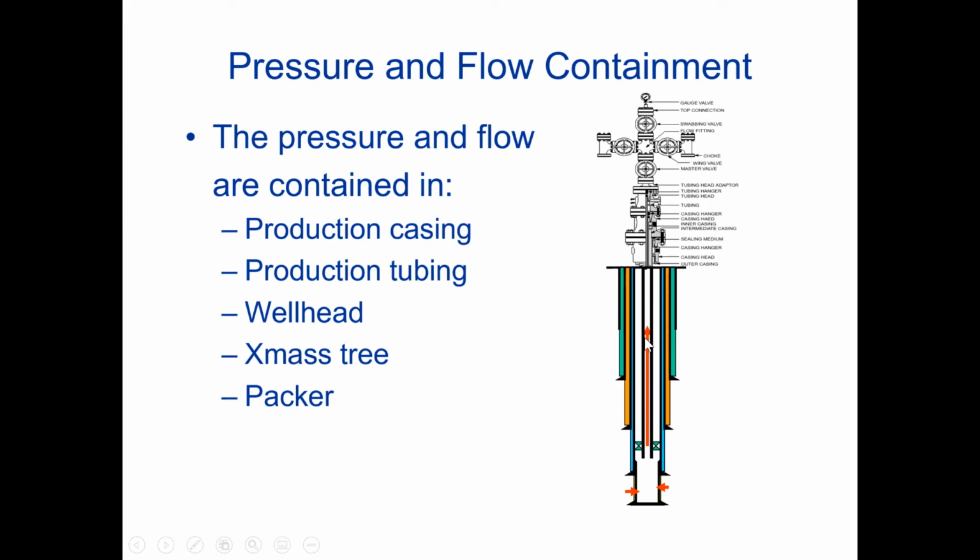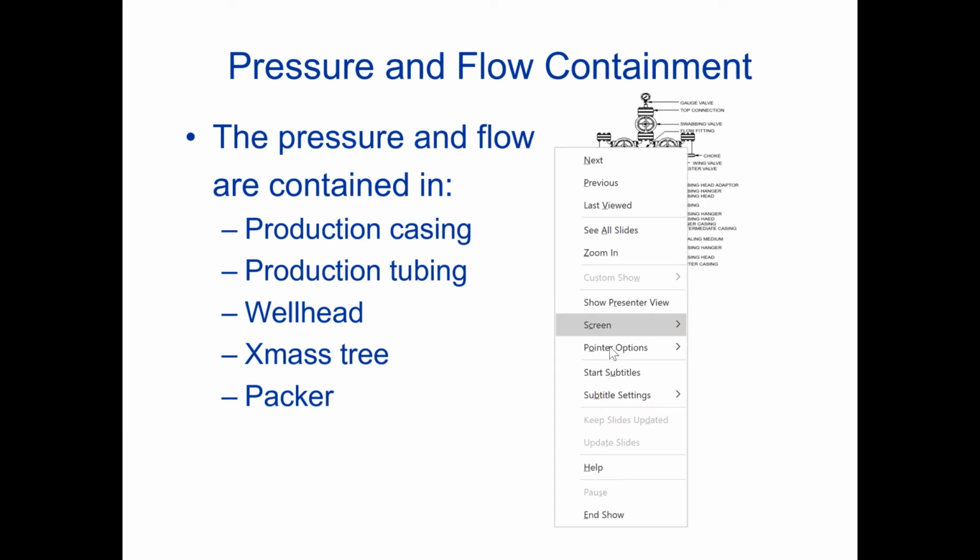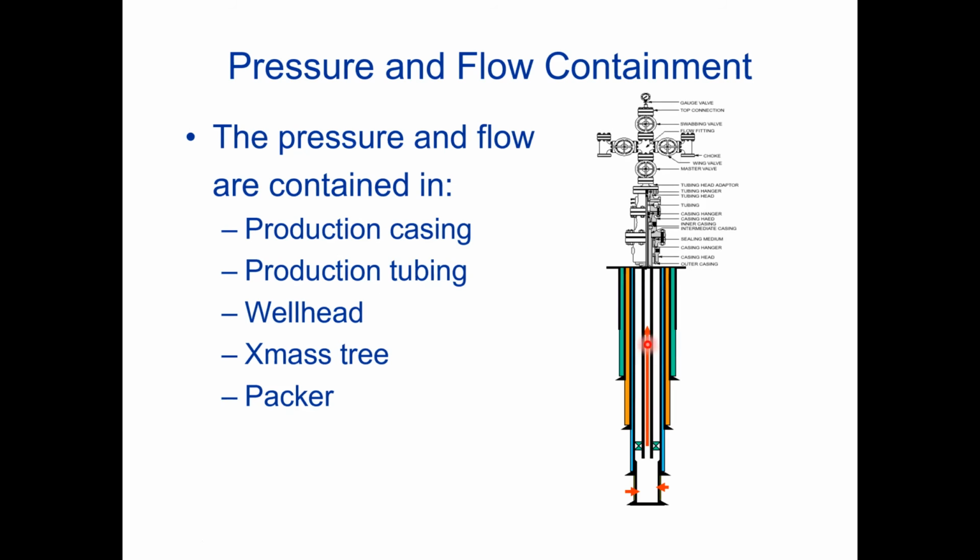Can you see my cursor, I assume? Or I can go to pointer. You see that this is the tubing. This is what is called the wellhead. And this is the Christmas tree. And the packer. This is the packer. So this is the minimum.